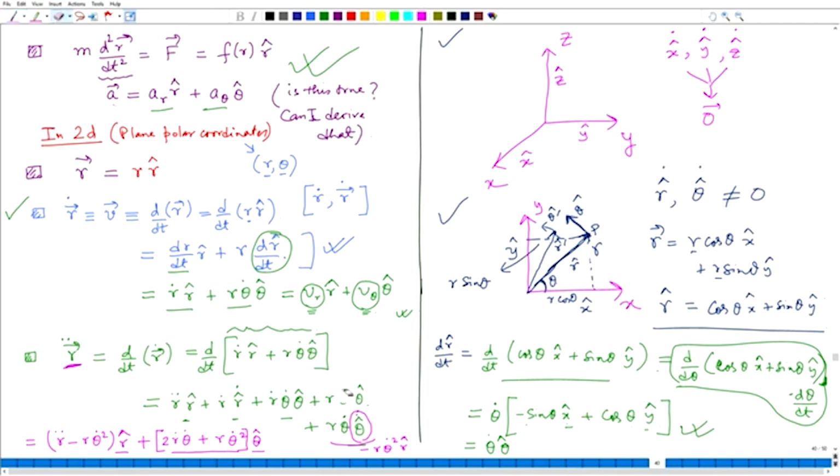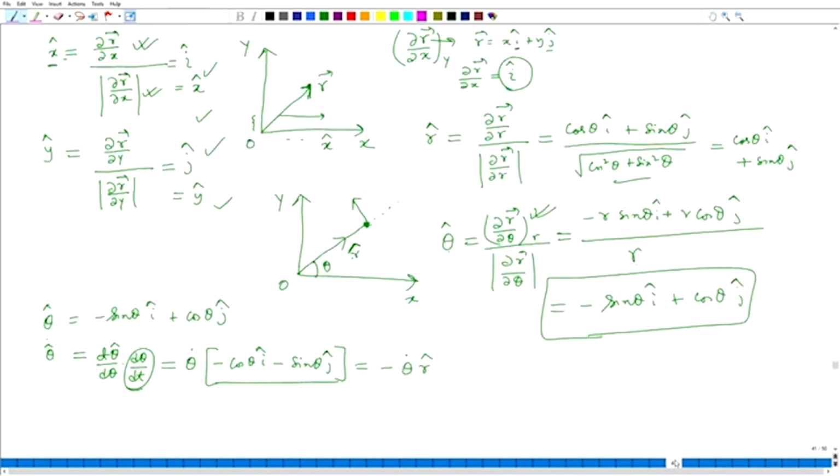This should not be theta dot square, it should simply be r theta double dot, because d/dt is acting on theta dot, so it gives theta double dot.